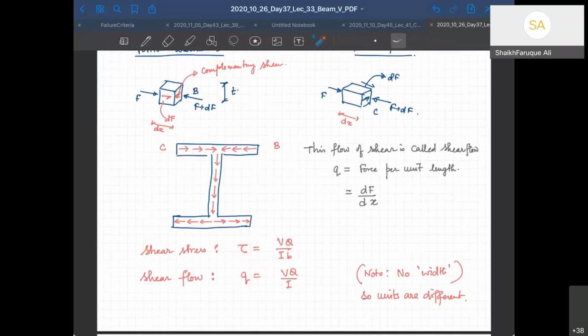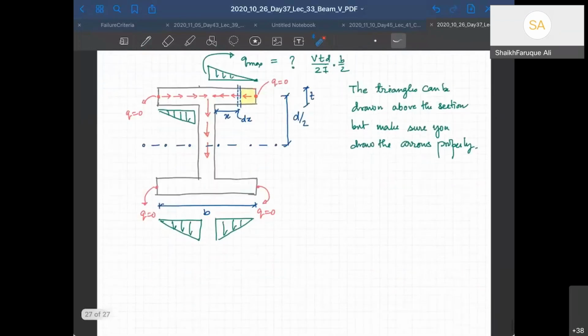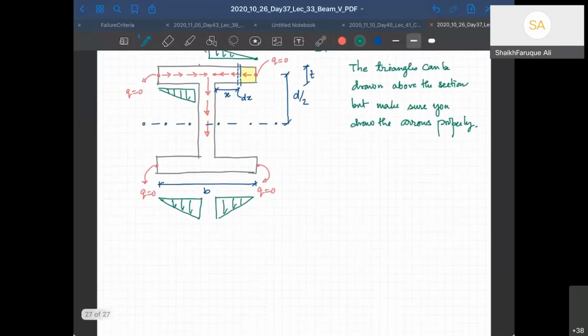So this portion is going to be tau into b. It will not start from 0 because there is already a Q max value there, right? So it will start like this.